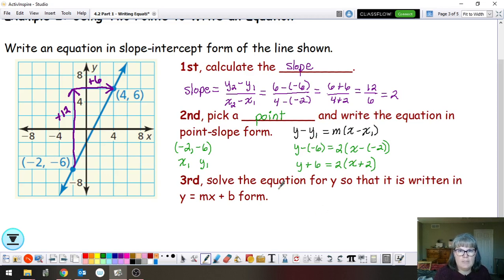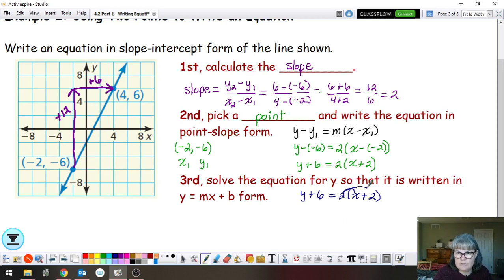Now, because my directions did ask for slope-intercept form, I am going to take my point-slope form, and I'm just rewriting it here so you can see what I'm going to be doing with this equation, and solve for y. Get y by itself so that it's in slope-intercept form.